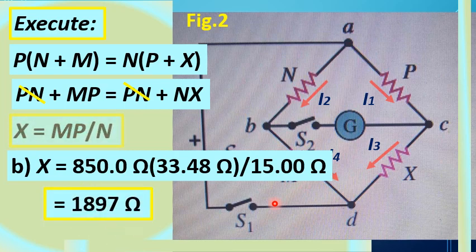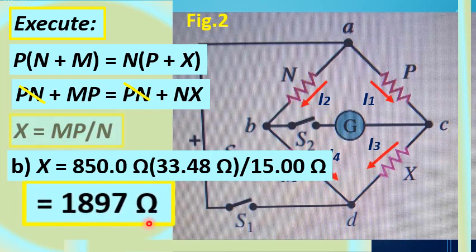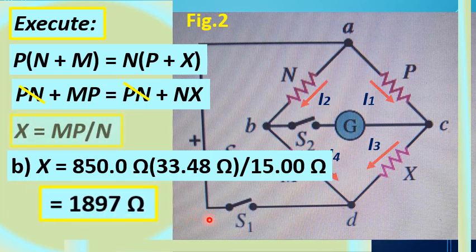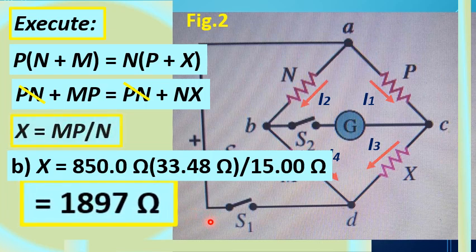Doing our math, we will get the value of the unknown resistance X equal to 1,897 ohms. And that concludes our tutorial for this topic.